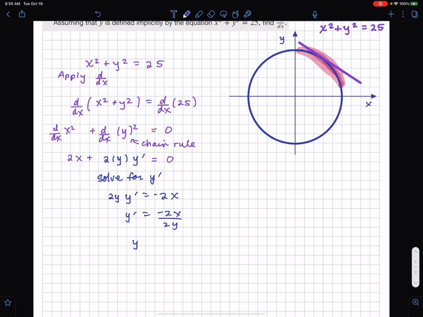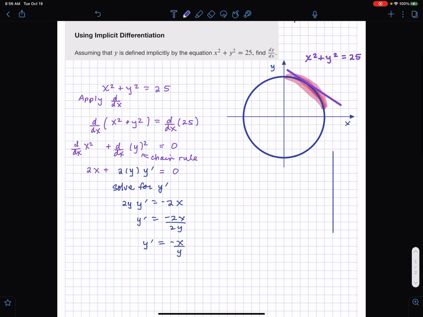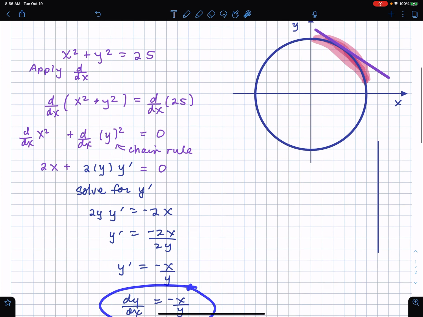So y prime, or what we're supposed to call it here maybe, is dy dx. And dy dx is, as we see, given in terms of both x and y. So if we are using dy dx here to find the slope of the tangent line, we need to find the slope of the tangent line at a point.